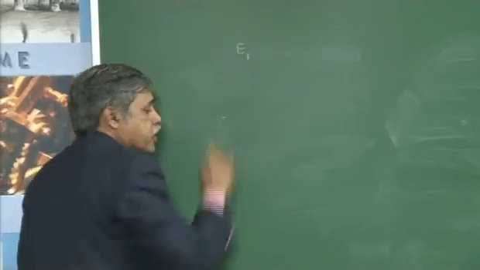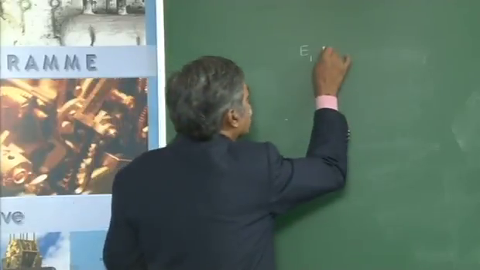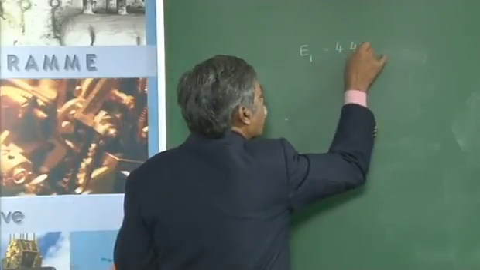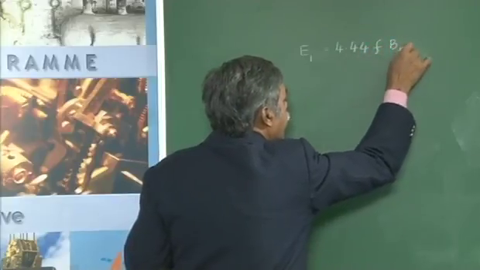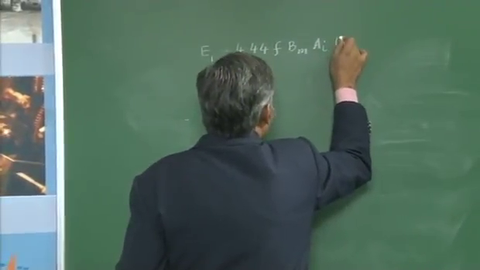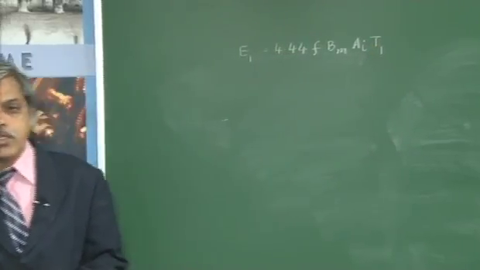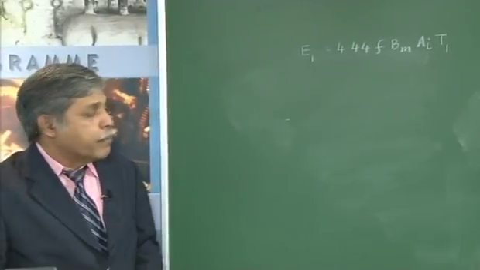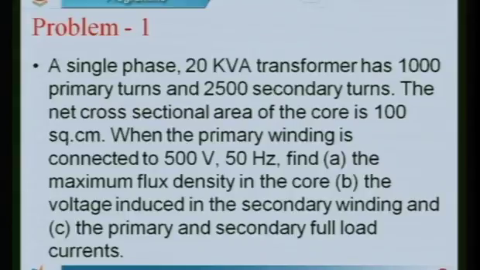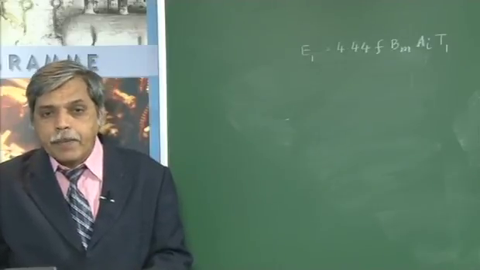If I take the primary induced EMF as E1, I get the voltage equation as E1 equals 4.44 f Bm Ai T1, where T1 is the number of turns in the primary, Bm is the maximum value of the flux density, Ai is the net cross sectional area of the core, and E1 is the voltage induced in the primary winding.